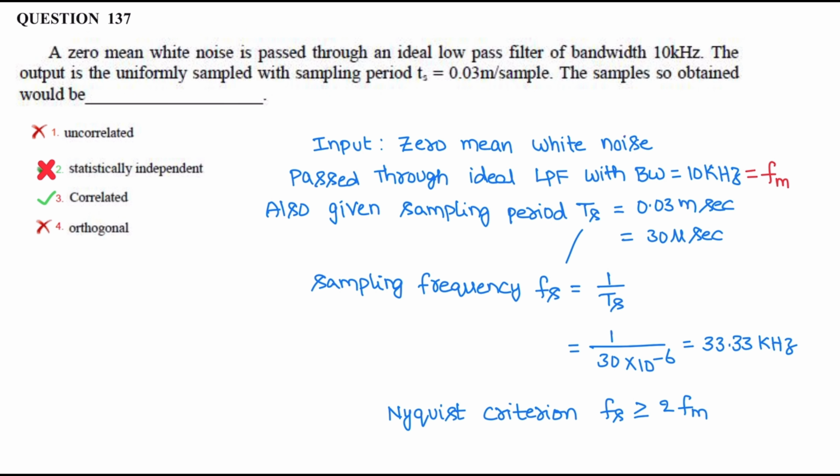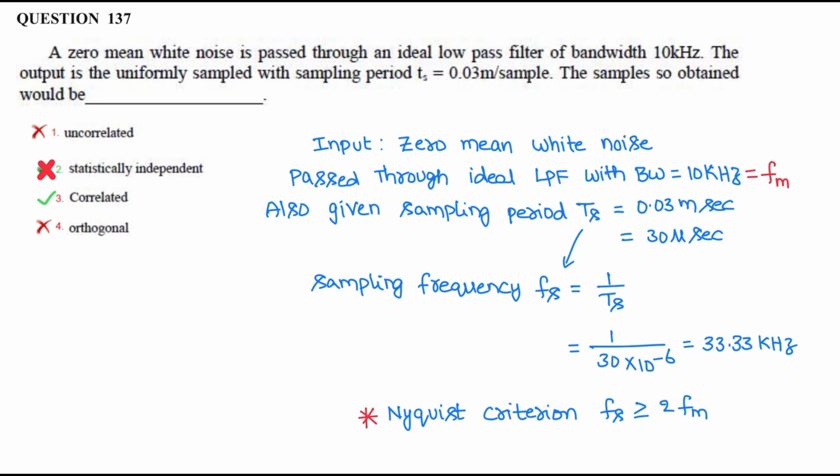Using this sampling time period, calculate sampling frequency Fs is equal to 1 by Ts and its value is 33.33 kilohertz. Now by using Nyquist criterion, we know the sampling frequency should be greater than or equal to 2 times the highest frequency component Fm.